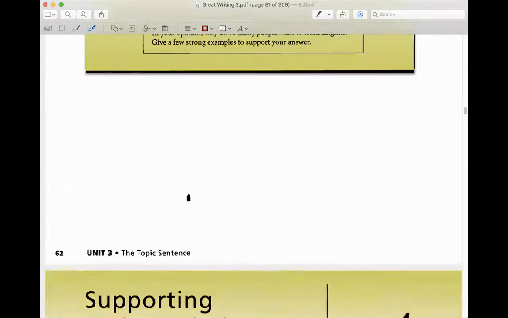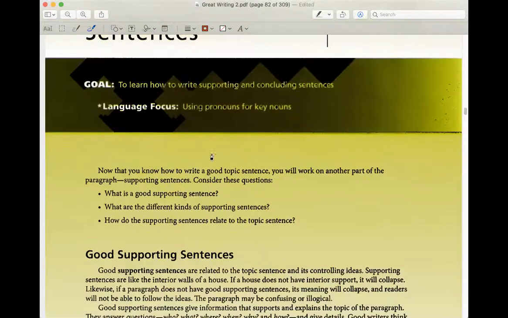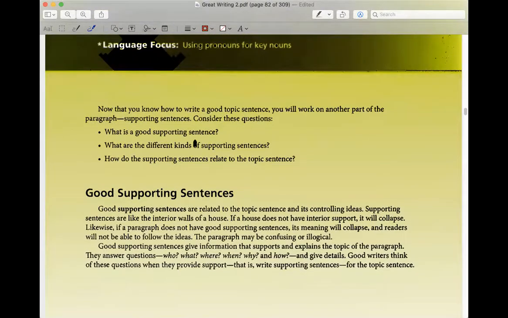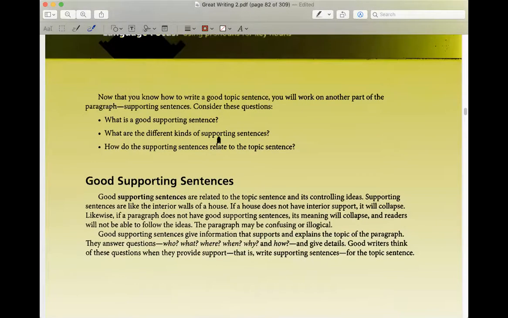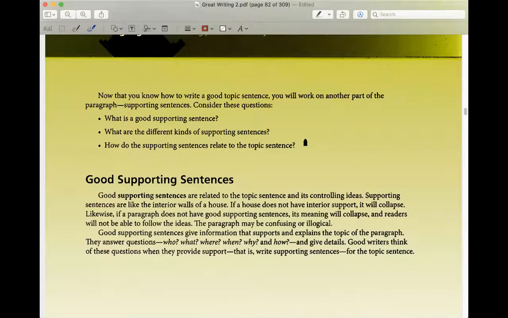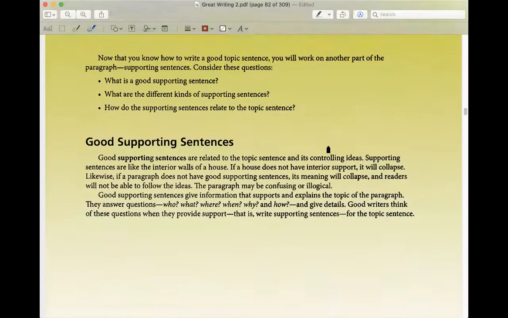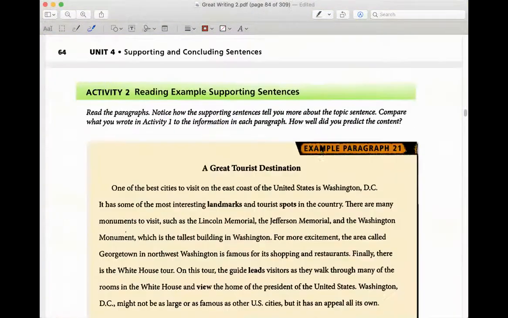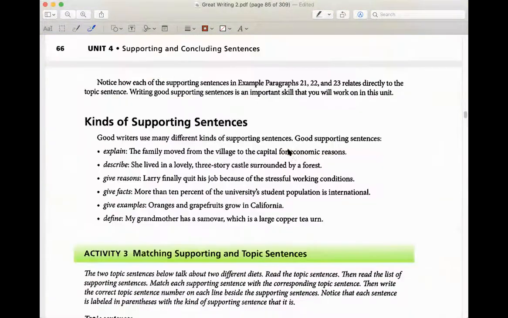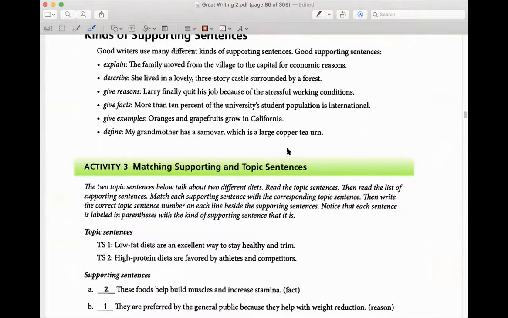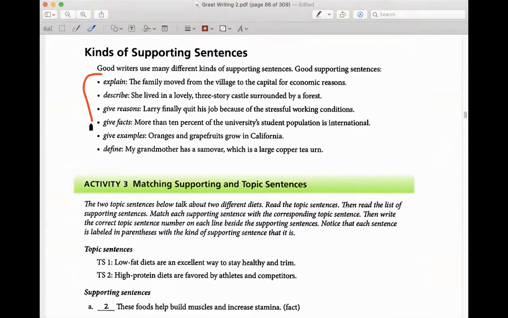All right, so that brings us into supporting and concluding sentences. Again, you know that a good supporting sentence pushes your paragraph forward and gives more information about that one topic that your paragraph is about. Okay, so the important thing here will be some of the grammar. Of course, supporting sentences do all of these things.